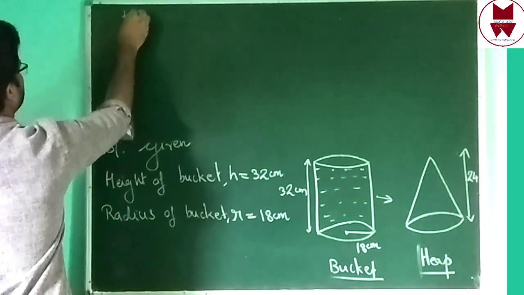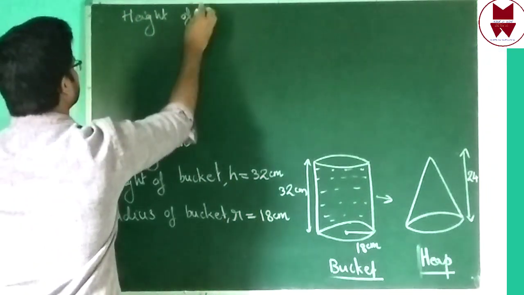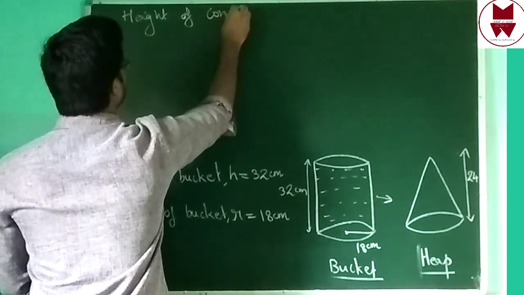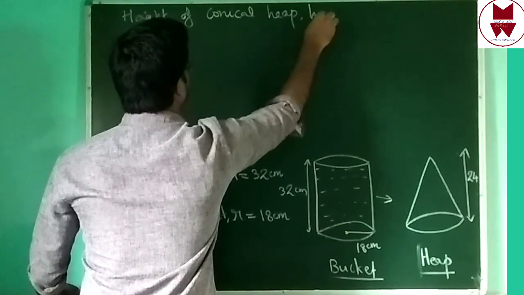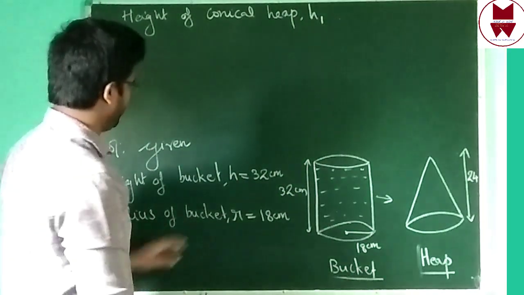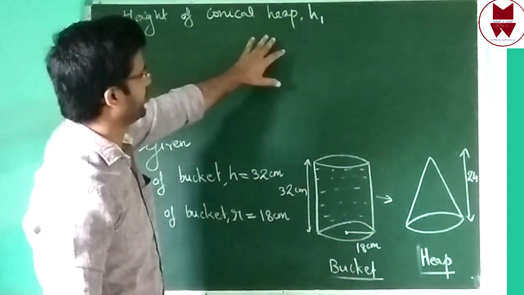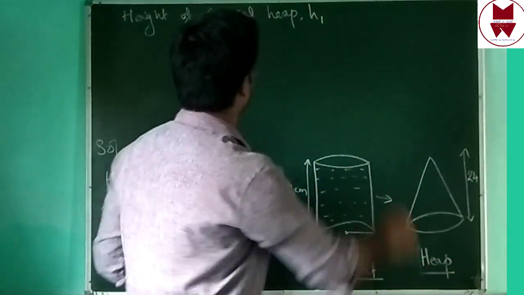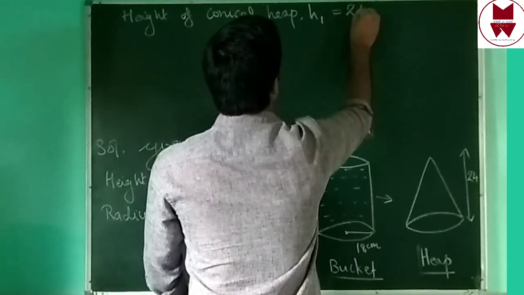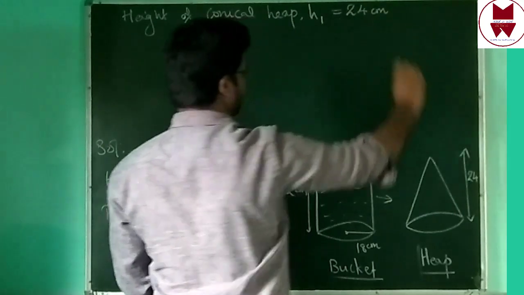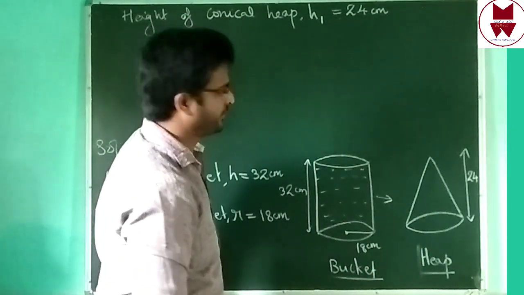Then height of conical heap, h1, because h we already took as the height of the bucket, so the height of the conical heap we take a little different. That's why I took h1, that is 24 centimeter. We have to find the radius of this conical heap and the slant height.